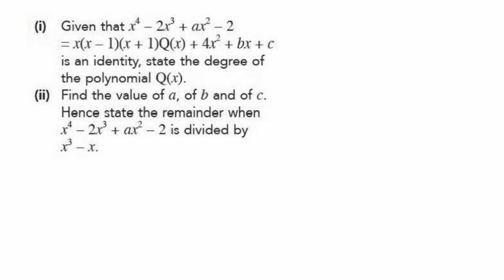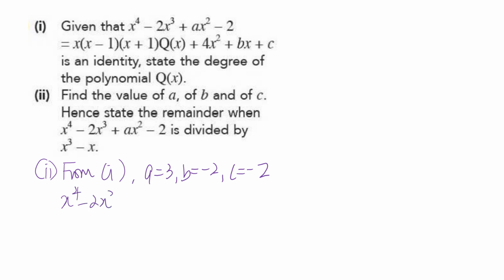So from part 1, we have managed to find the values of a, b, and c. We found a to be 3, b to be negative 2, c to be negative 2. So we're going to plug it all into our dividend. Our dividend equals our divisor times our quotient.